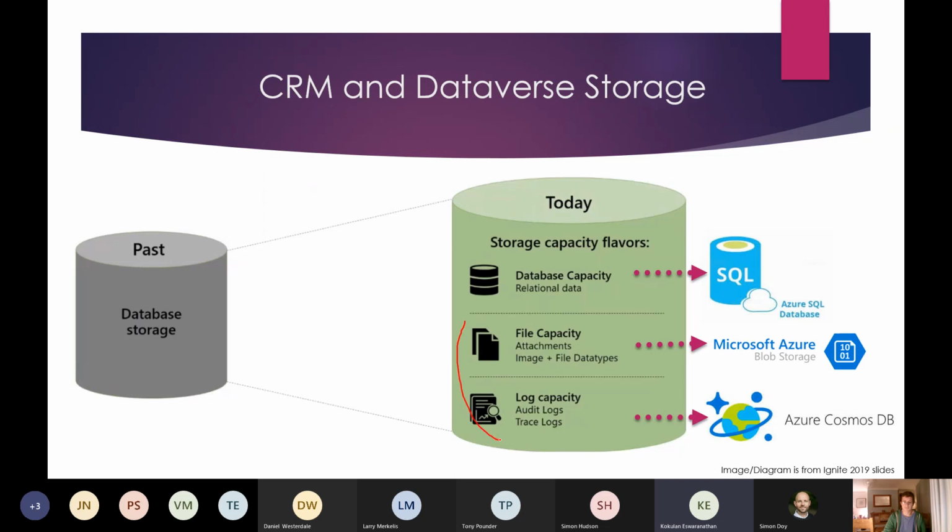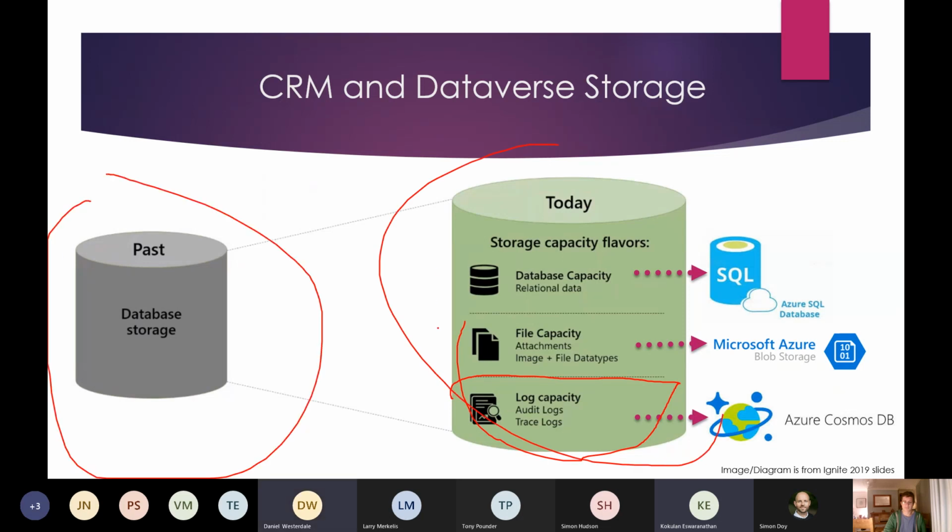One thing is it's really cheap, and also it is all in line with the Office 365 compliance center, because you can actually retrieve logs and traces from there to audit logs to the compliance center as well. So this is how the storage is now on cloud, but on-prem it's still the same. Even though the modules have been changed, the underlying storage has not changed for the on-prem Dynamics 365.